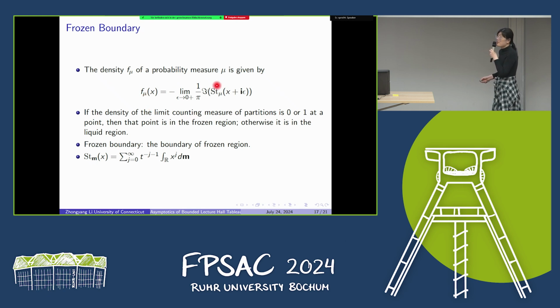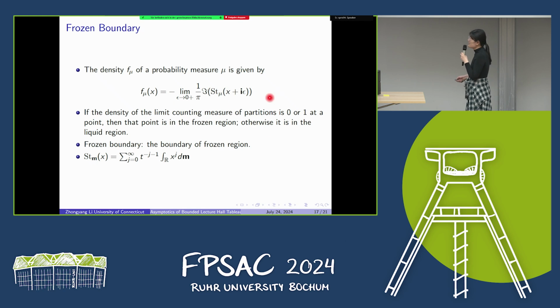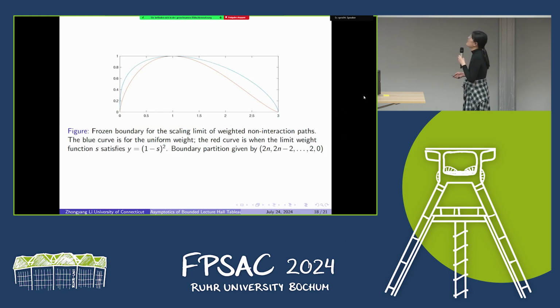We find the positions where the counting measure is 0 or 1; that's the frozen region. If the density of the counting measure is strictly between 0 and 1, that's the liquid region. This is how we identify the liquid region and the frozen region, and then we can find the frozen boundary.